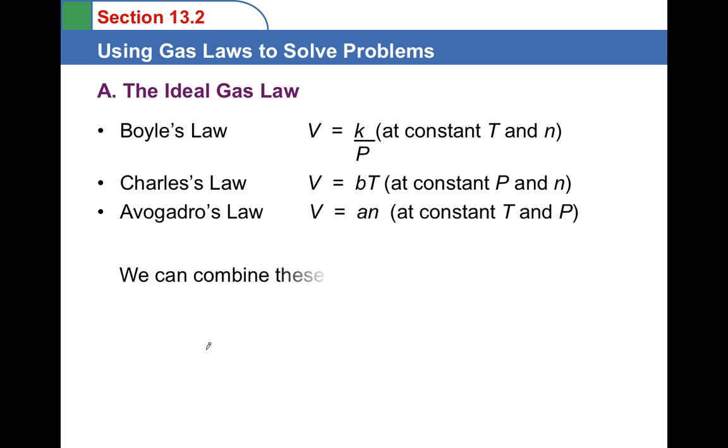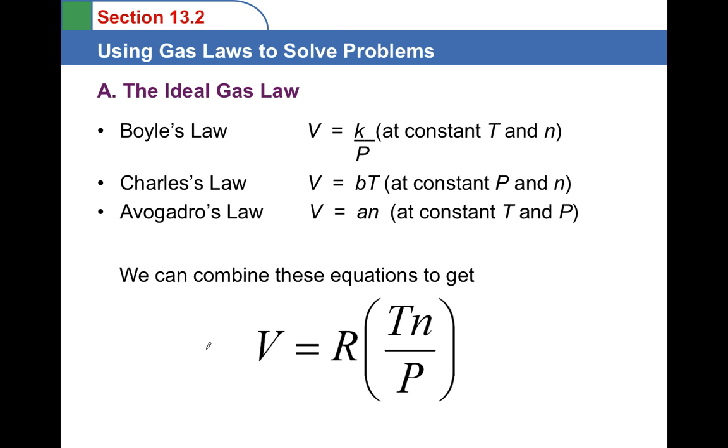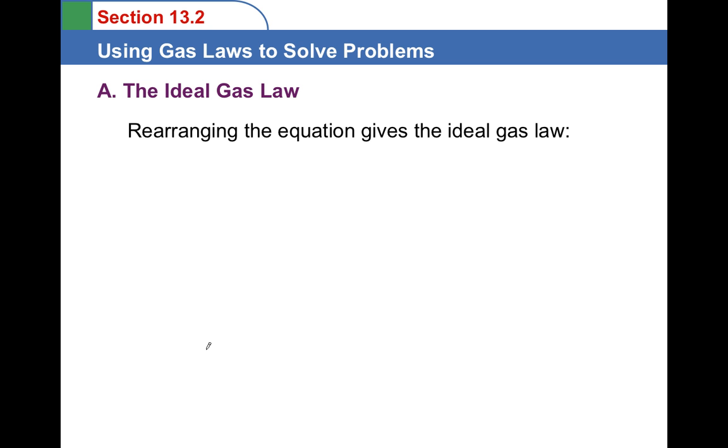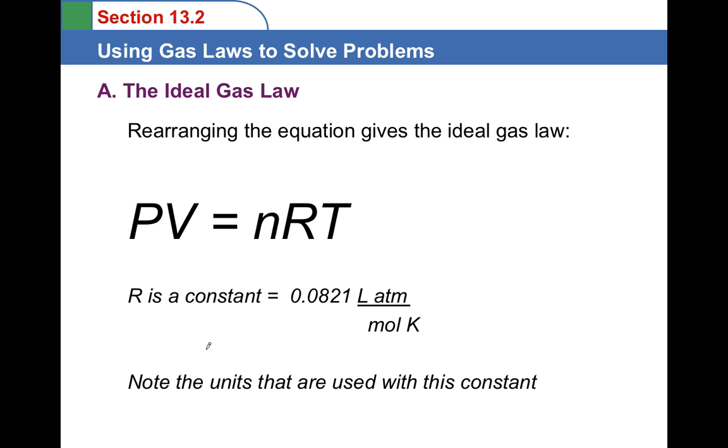If we put all these things together, we end up with V is equal to R, the ideal gas constant, which takes into account all the 3 constants mentioned above, multiplied by T times n divided by P. If we rearrange it, we get the ideal gas law. PV equals nRT.